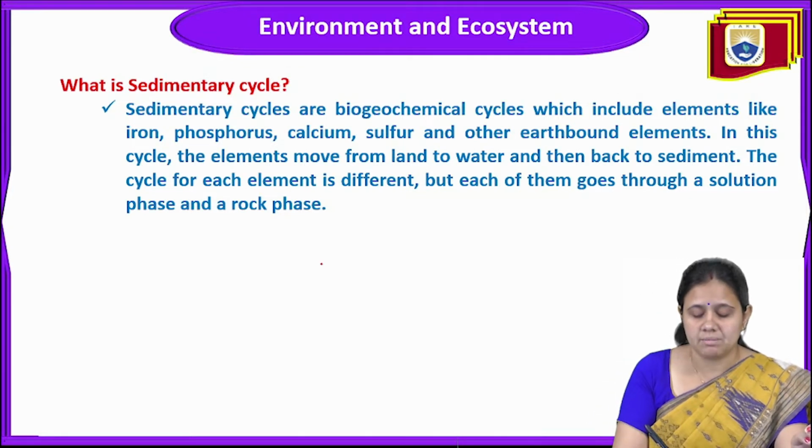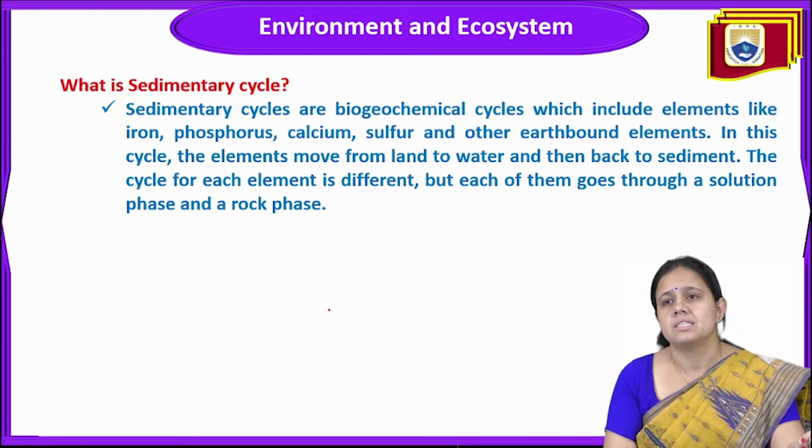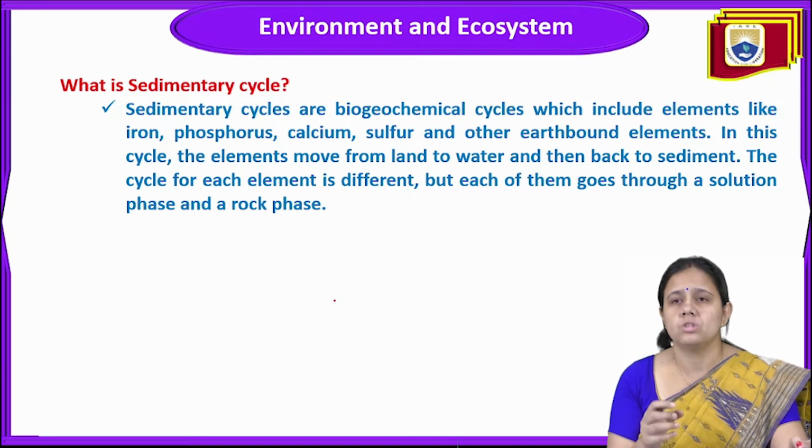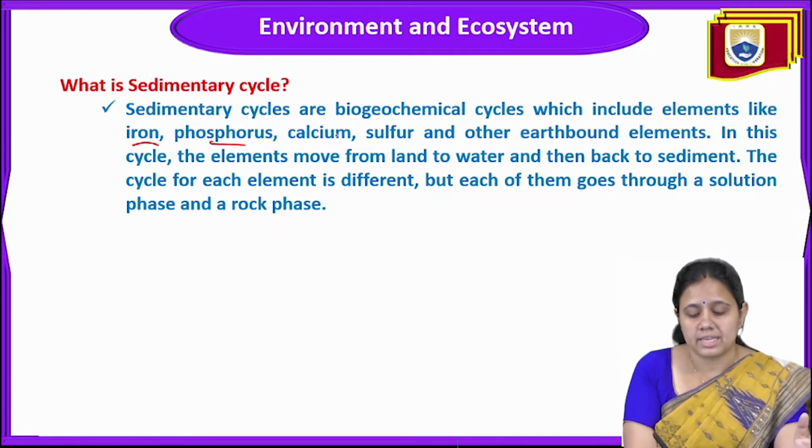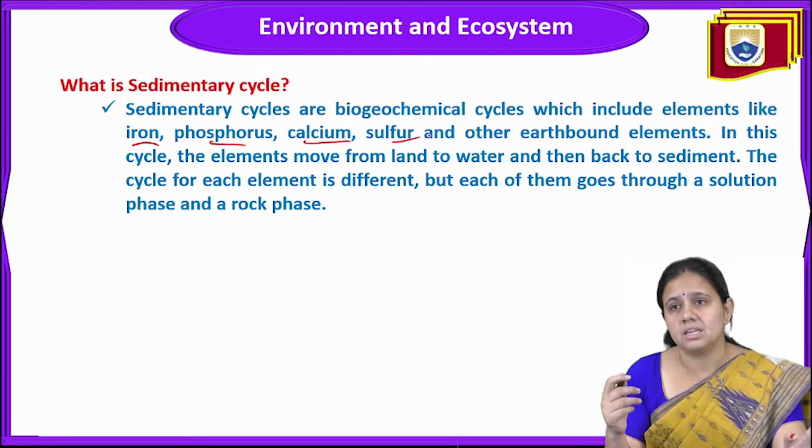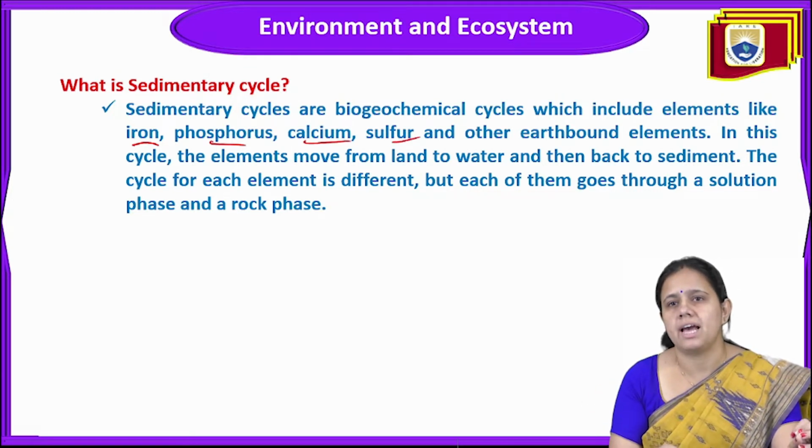Now comes the next thing, the sedimentary cycle. Sedimentary cycles are those biogeochemical cycles which include elements like iron, phosphorus, calcium, sulfur and other earthbound elements. In this cycle, the elements move from land to water and then back to sediments. The cycle for each element is different, but each of them goes through the solution phase and the rock phase.